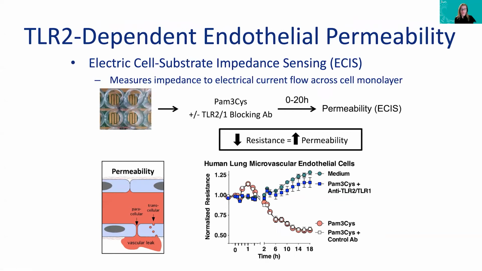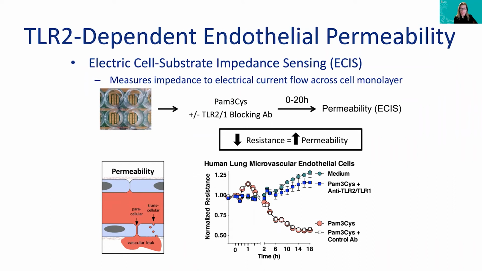We used two in vitro methods to study microvascular endothelial permeability: transwells, which measure the movement of a tracer across an endothelial monolayer, and electric cell-substrate impedance sensing, or ECIS, which measures the impedance to the flow of electrical current across a cell monolayer.